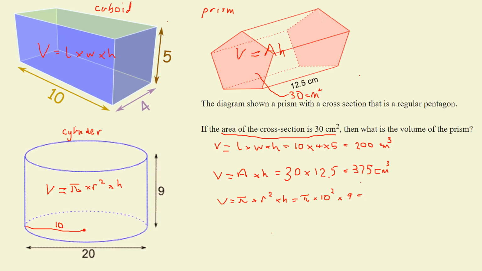Okay, and I've got quite a big number, 2827. And if I go to one decimal place again, it's 2827.4 cubic centimetres. So our cylinder, out of the three shapes, has the biggest volume. Then it would be the prism, and finally the cuboid's got the smallest volume.